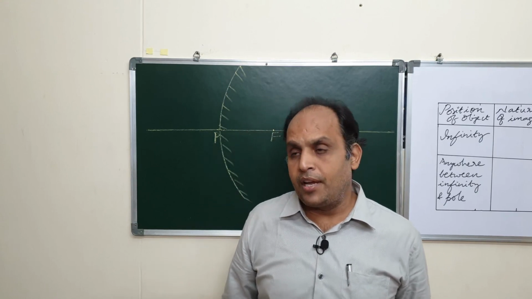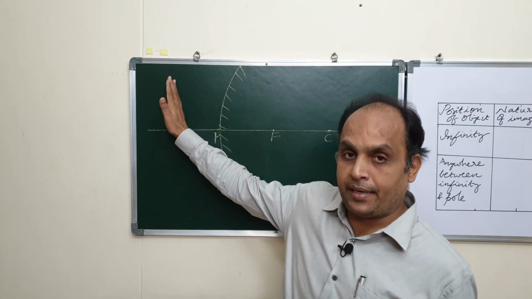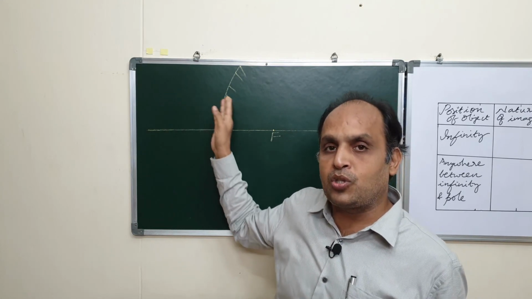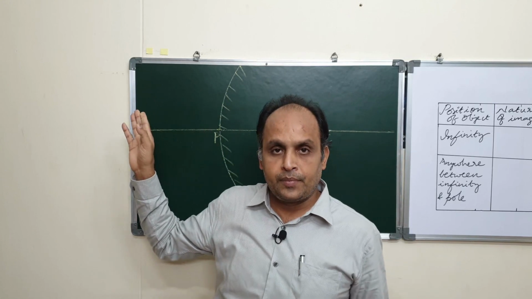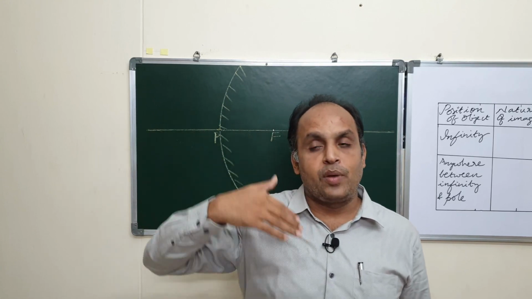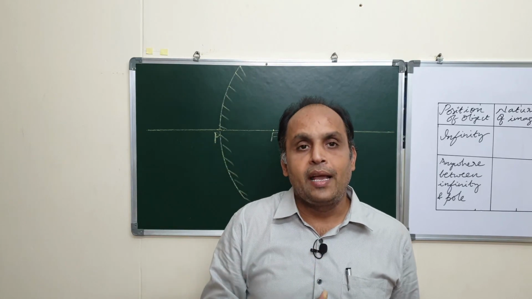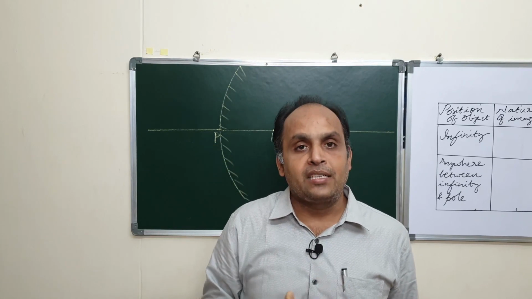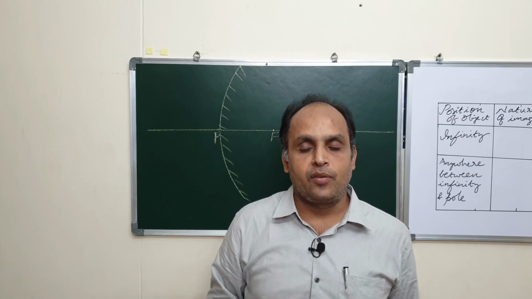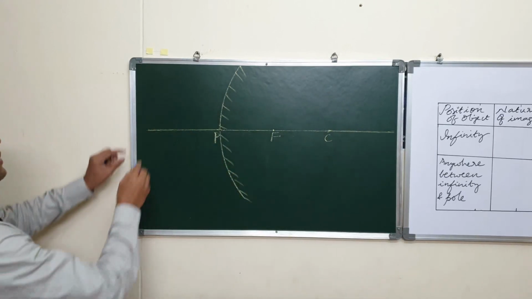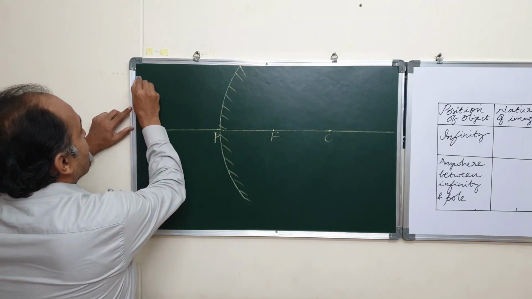It's because if we show the object over here, it clearly shows that the object is very close to the mirror. But we said that the object is very far from the mirror. So for that reason, we don't show any object when the object is at infinity in case of convex or concave mirrors.